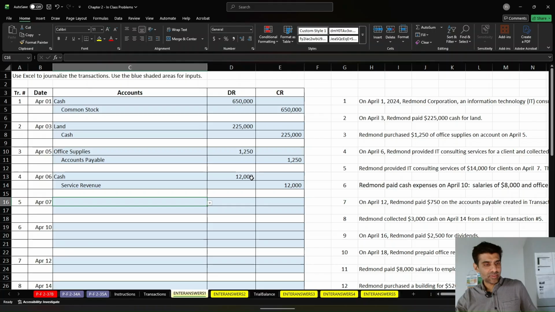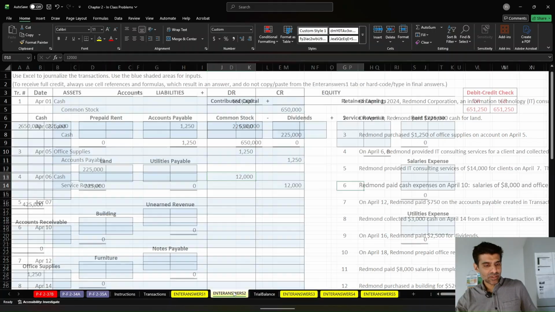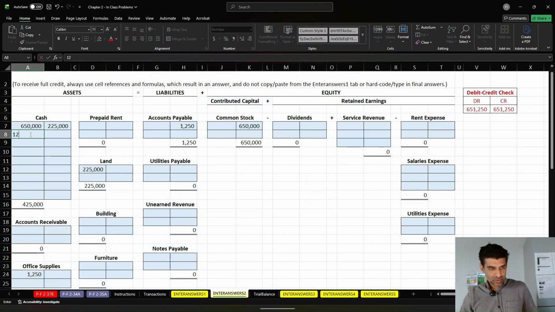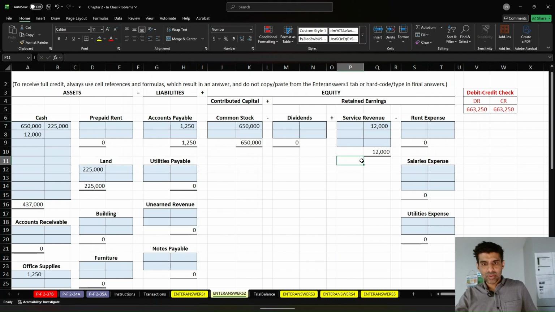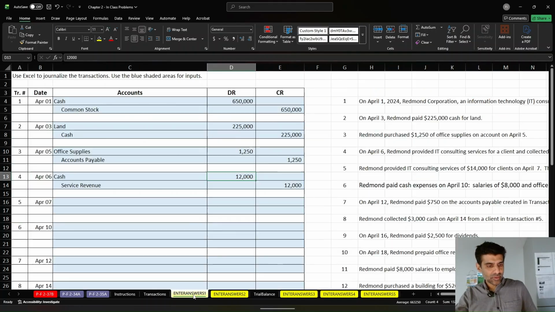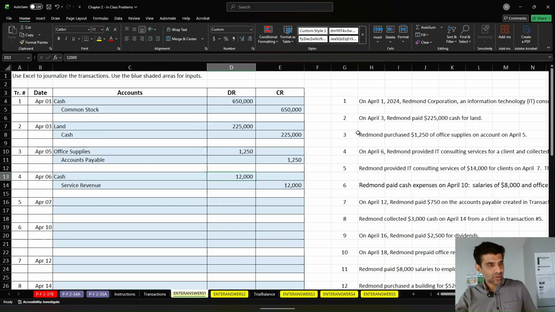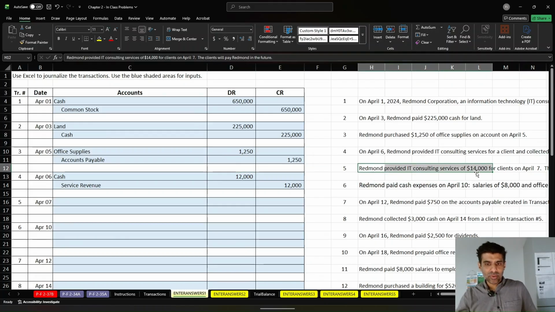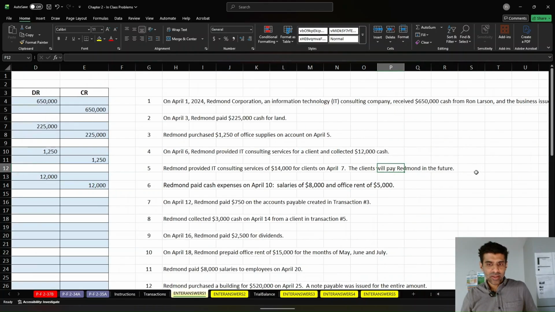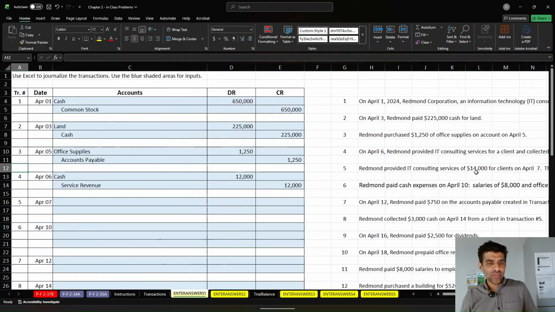Okay, so let's post this. Debit to cash, credit to service revenue. So we're still balanced. April 7th, our transaction 5. Redmond provided IT consulting services for a client, and the client will pay us in the future.